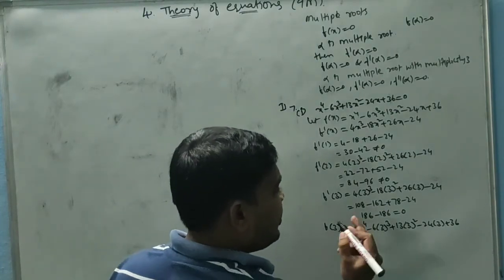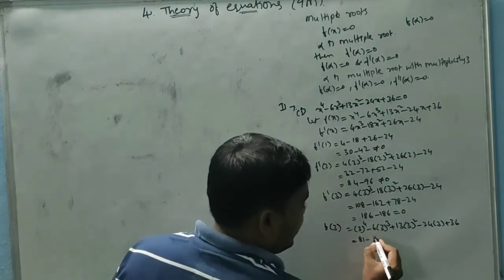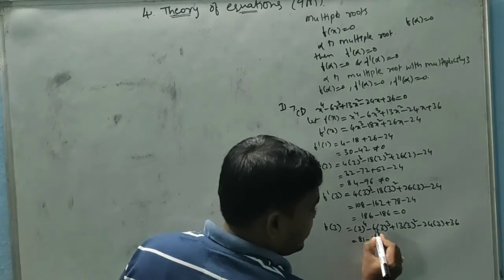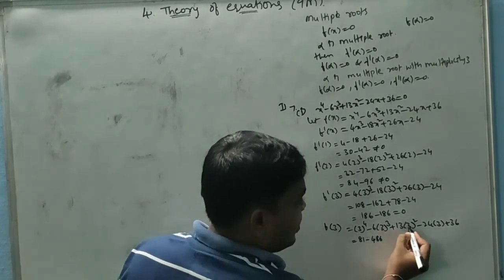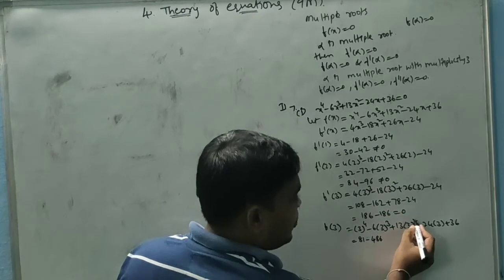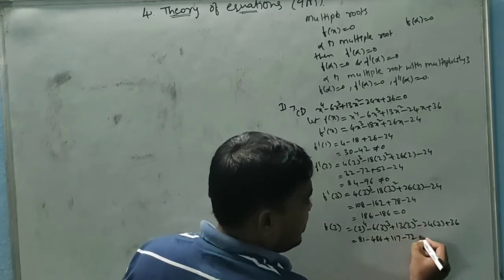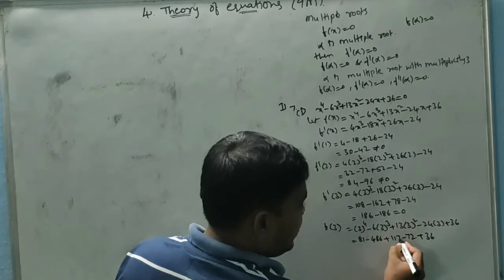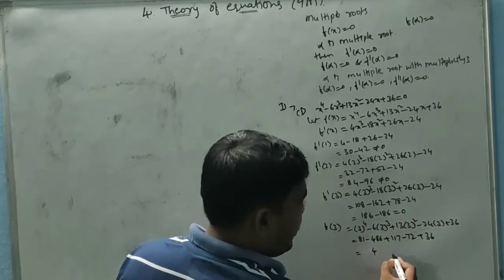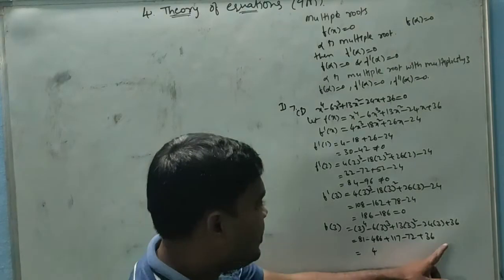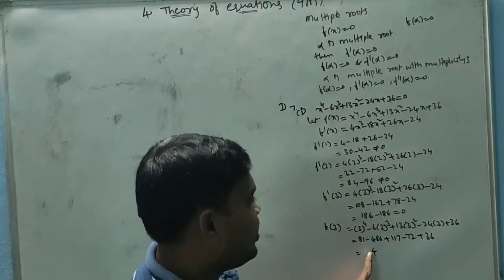So 81 into 6 is 486. 3 square 9 into 13 is 117, minus 72 plus 36.